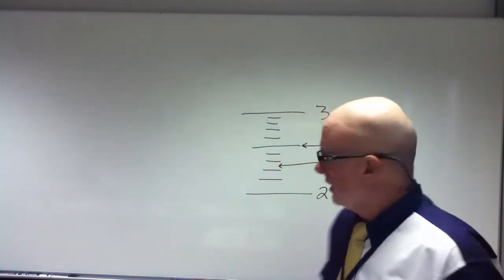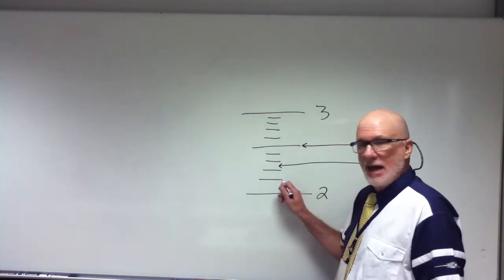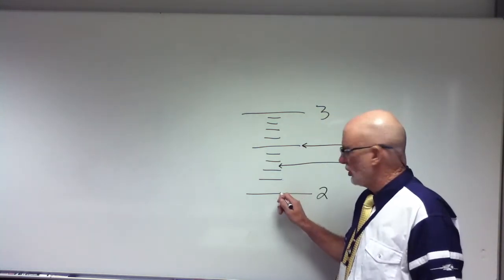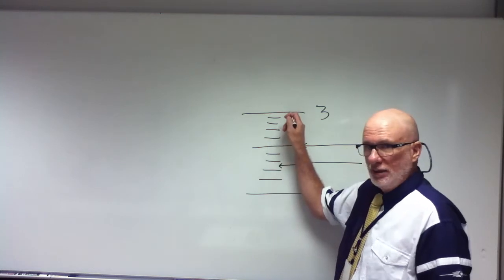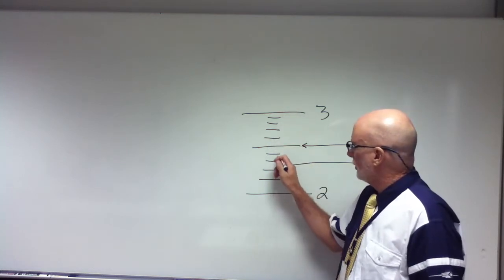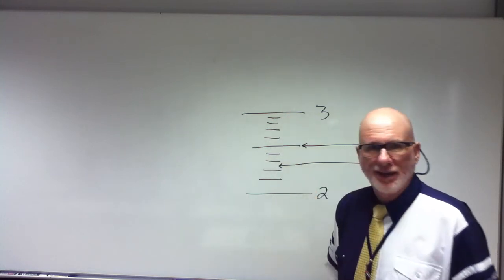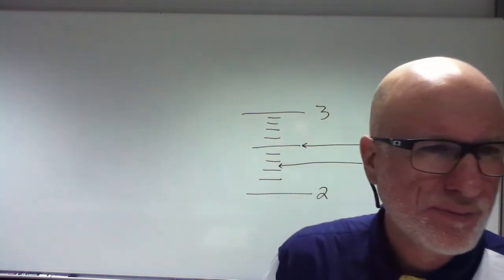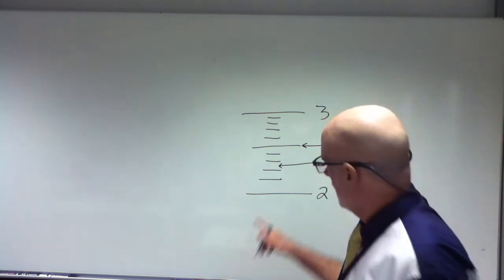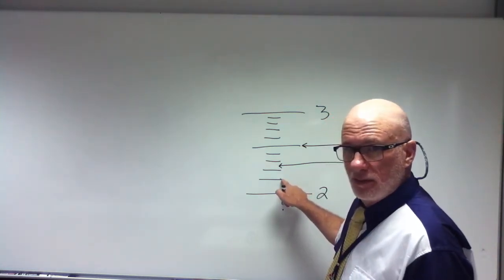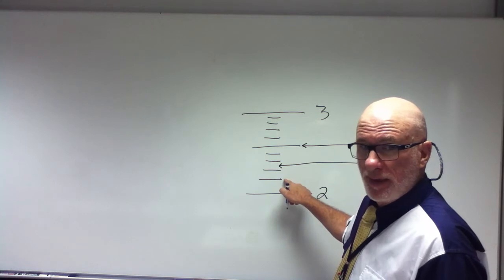Yes? All right. If this is 2, what's that? If that's 2, and that's 3, and this goes 1, 2, 3, 4, 5, 6, 7, 8, 9, 10, what would that line be? Rashid? 2.2. That line right there. What would it be?